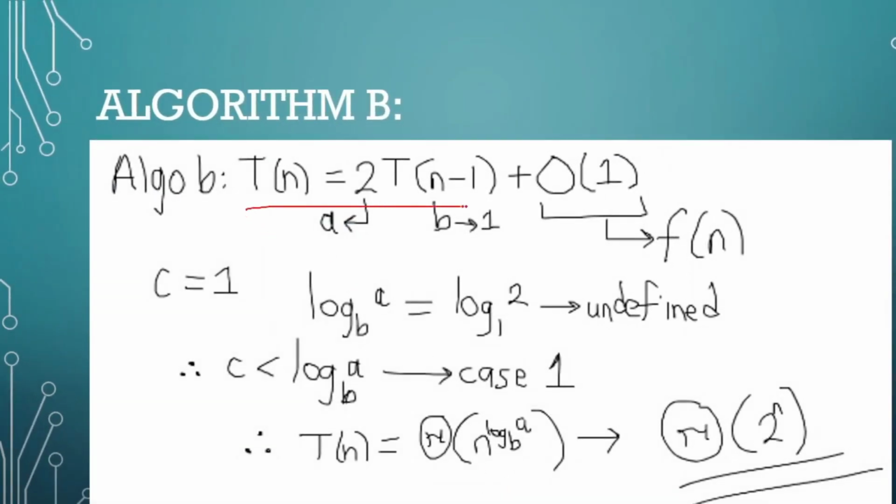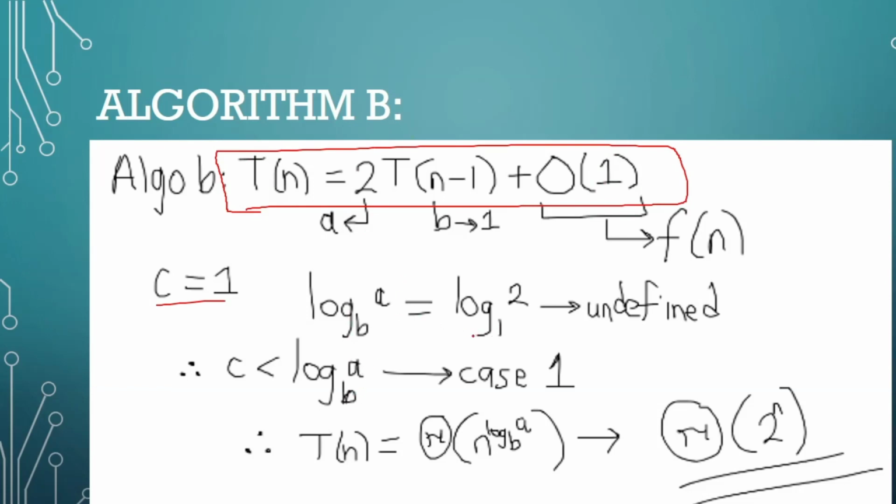Just our recurrence relation derived from the problem statement, and again we have to ask ourselves, in this case c is also just 1, so we need to check, is c less than log to base b of a?